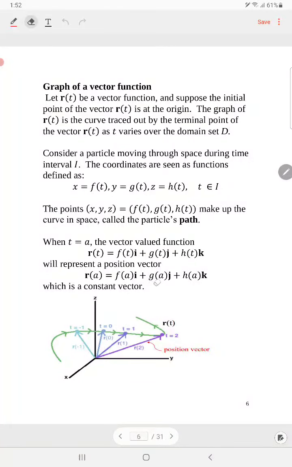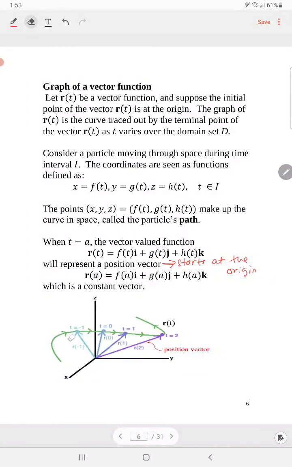In this diagram there are 4 position vectors. This one is when we replace t with -1. Remember, it starts from the origin. This is the position vector when t is 0, this is the position vector when t is 1, and this is the position vector when t is 2.